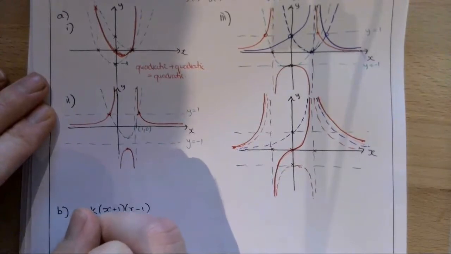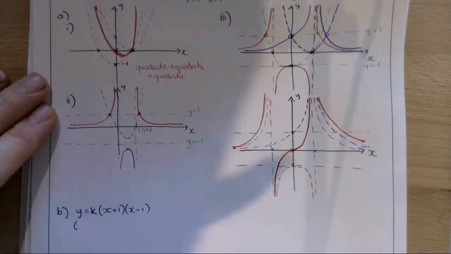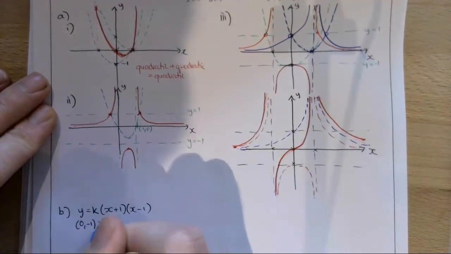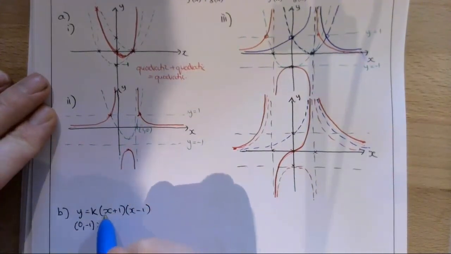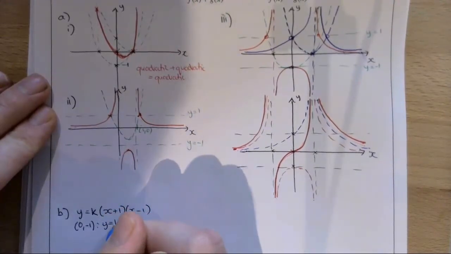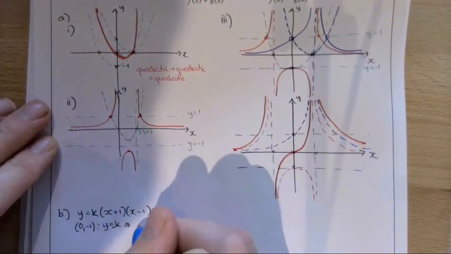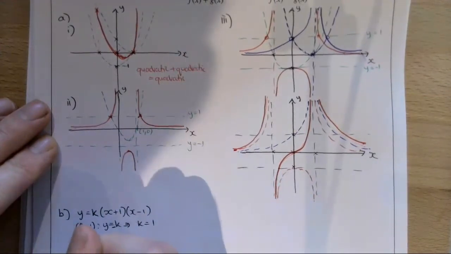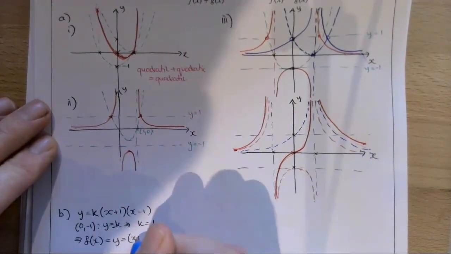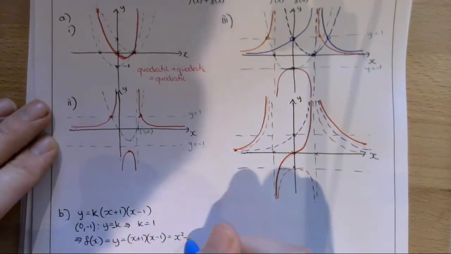Then if I sub in one of the points that it goes through, for example 0, minus 1: if x is 0, y equals k, but we want y equals minus k, because I've got the minus sign coming out of this bracket, so minus k, therefore k equals 1. So f of x is y equals x plus 1, x minus 1, or in other words, x squared minus 1.